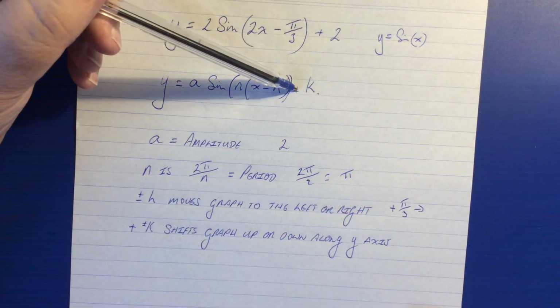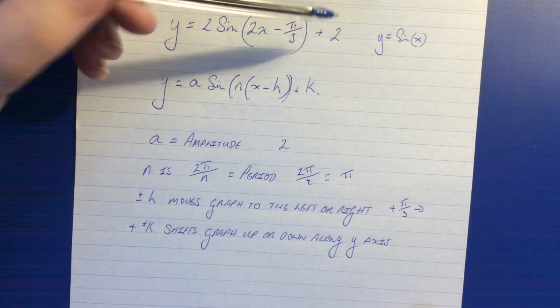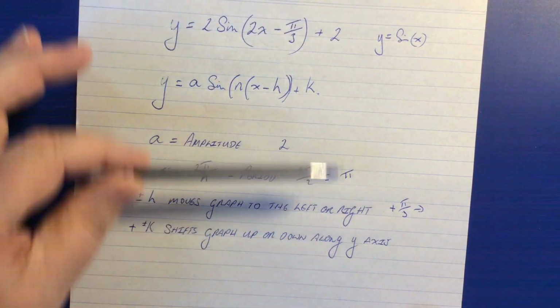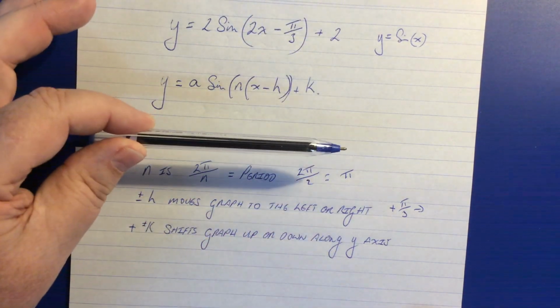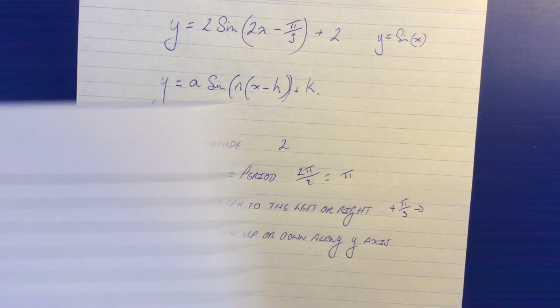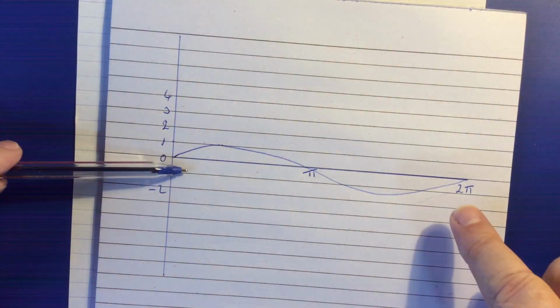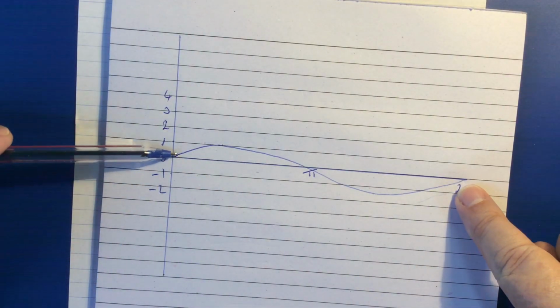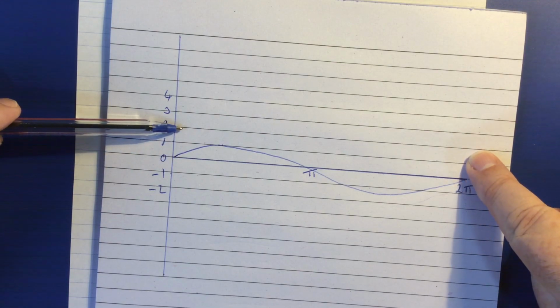Finally, we come to k. Now k moves the graph up or down. And again, those of you who've seen all the other functions and graphs that you see in high school, parabolas, cubics, whatever, will be familiar with this. So if the number is 2, it's going to take this whole graph and move it up 2.